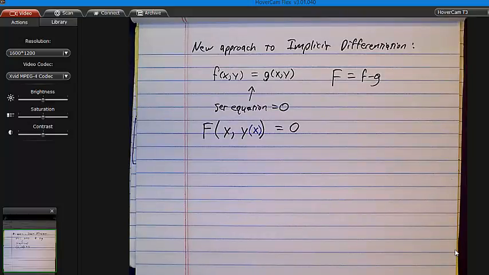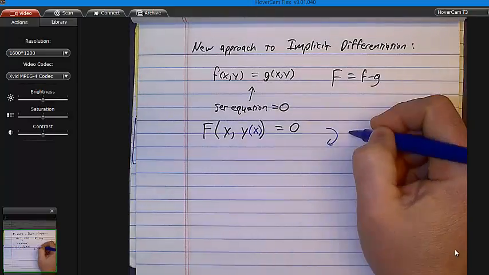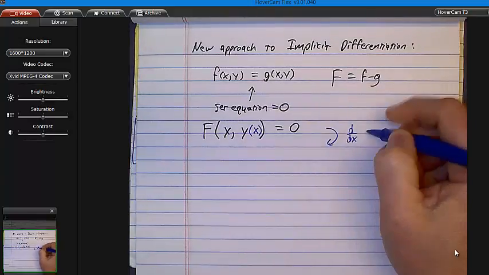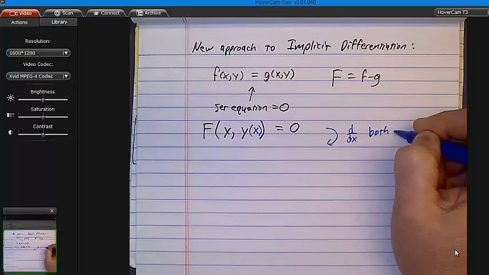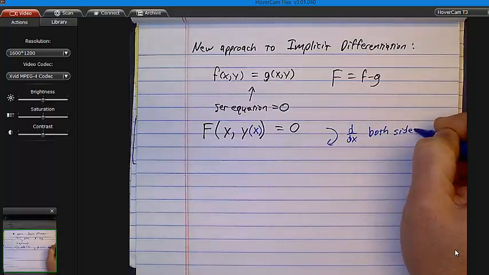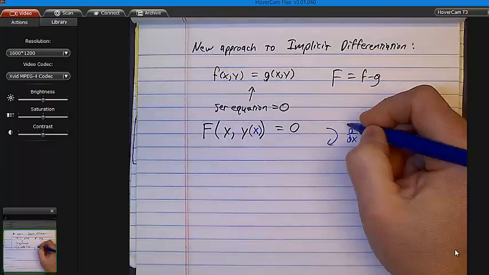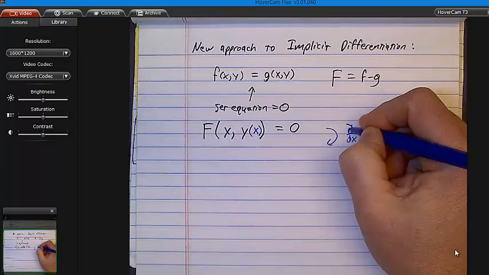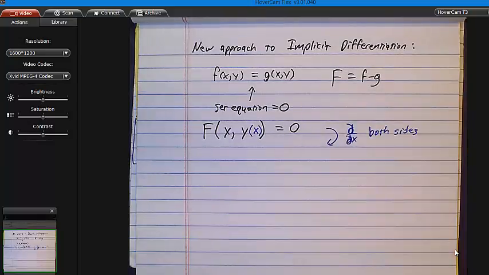Okay? So then the next step is we say, let's take d/dx of both sides. Only I guess what you're really doing is, again, partial, because that's a function, right?